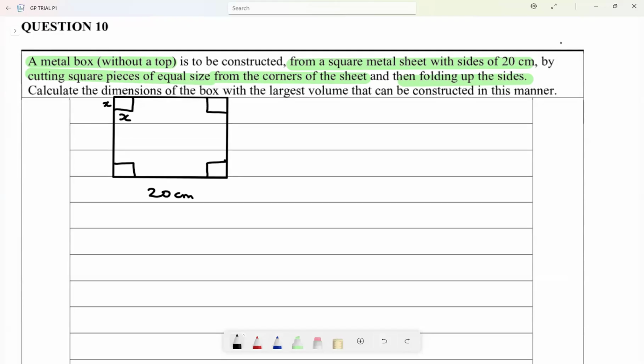Now, if they cut this, it is going to result in something that looks like this. You're going to have a box like this, where there is some portion that has been cut.